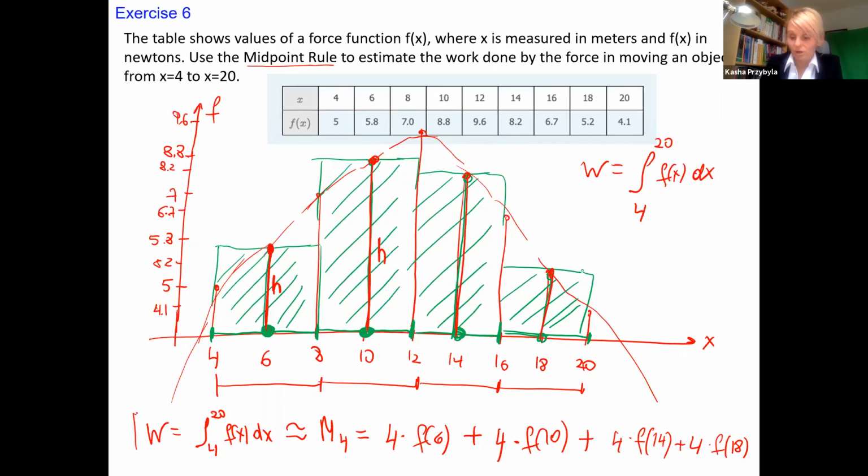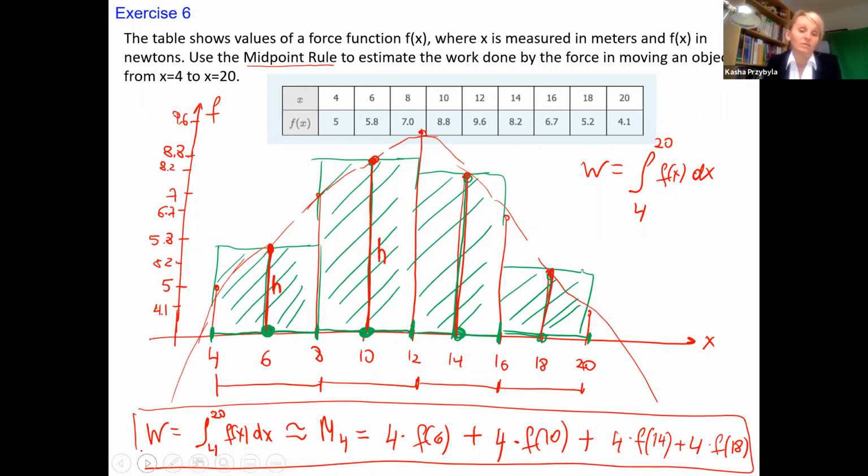But if this will be a quiz question, you can leave it like that. You can put that value instead of f of 6, and then we need the values for 10, 14 and 18.